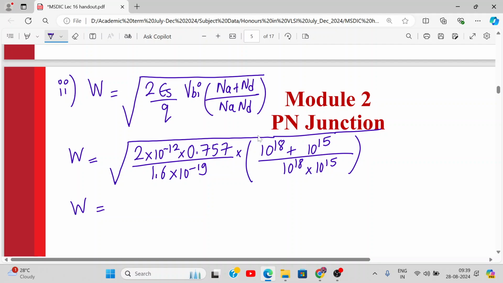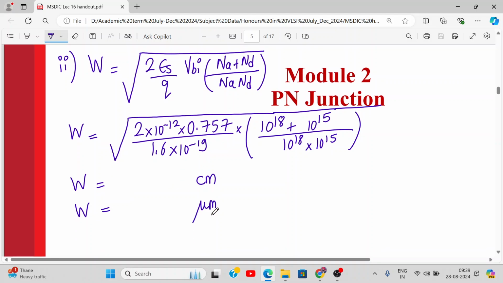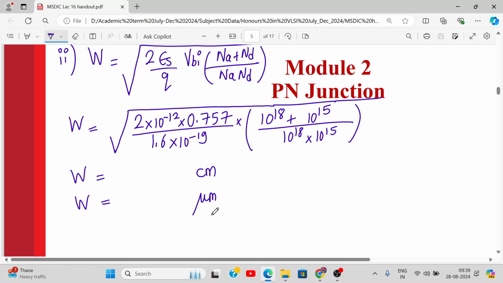Give me the value of W. Whatever value you get, that value is in centimeter. This will be close to 1 micrometer.